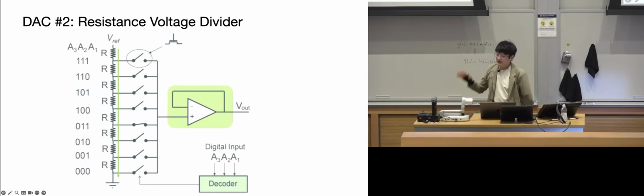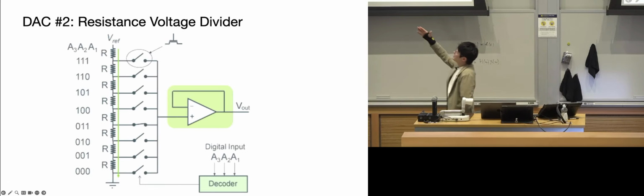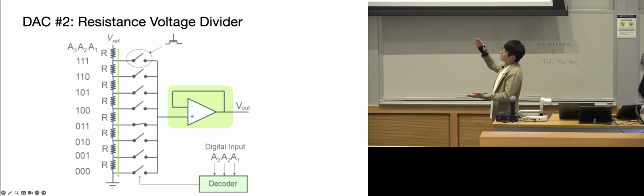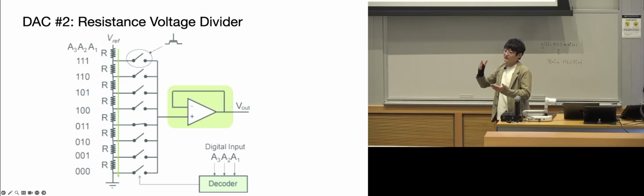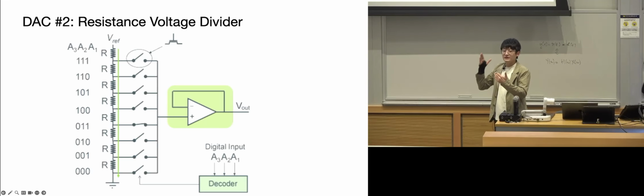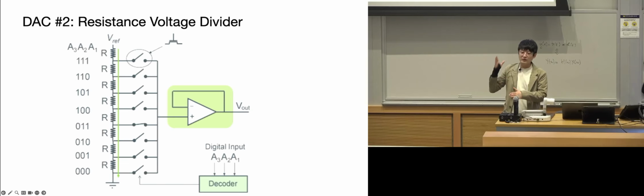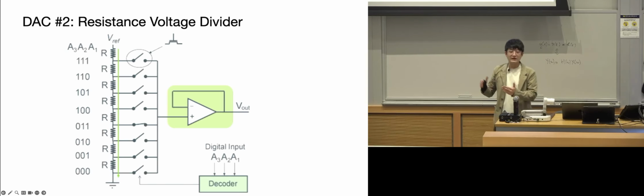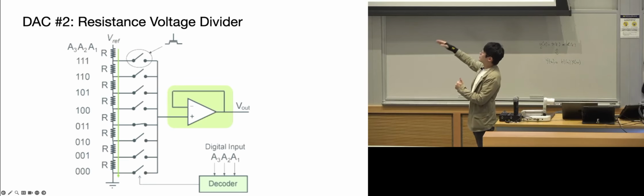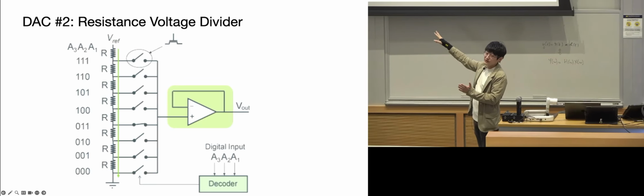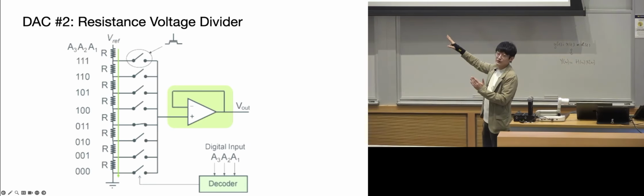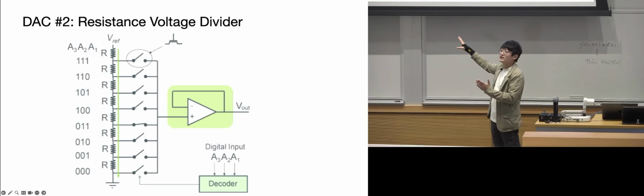And one of the obvious advantages of this one, as you will imagine, is it's super fast. Although it looks like it has a lot of these switches, all of them can be just configured. You can essentially think of the entire process of a value coming out of the circuit as pretty much one clock cycle. But obviously, it depends on how many bits you set to control this type of DAC.